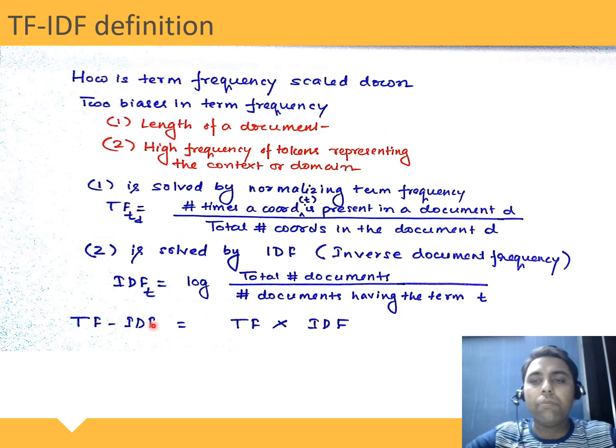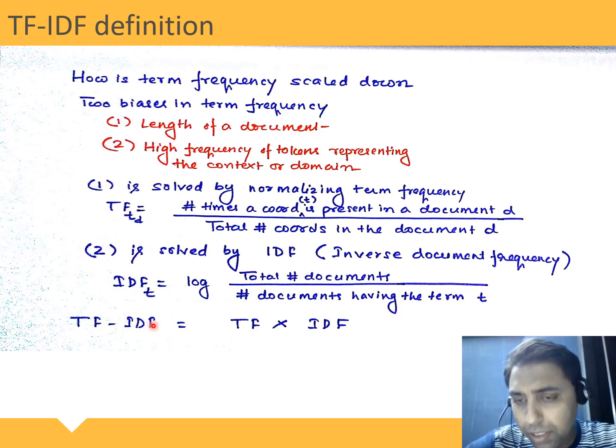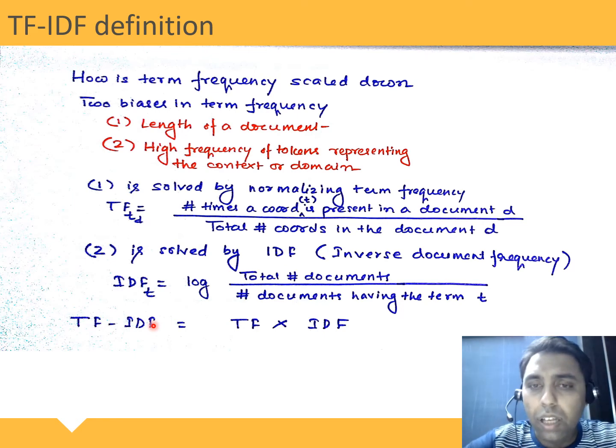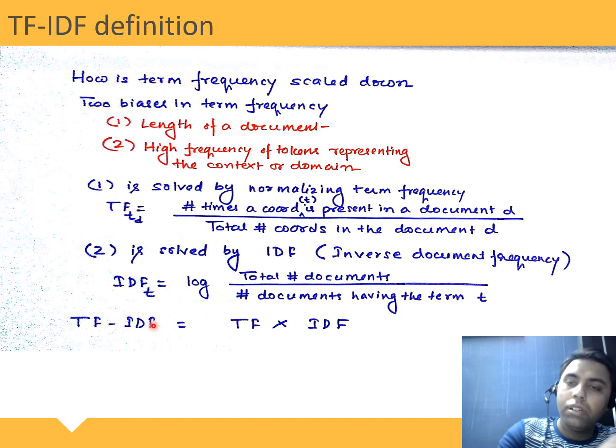Okay, so a couple more important things to focus on here. First, if you talk about the term frequency of a word in your data, even after you normalize it, the term frequency of the word will vary from row to row in the document term matrix.